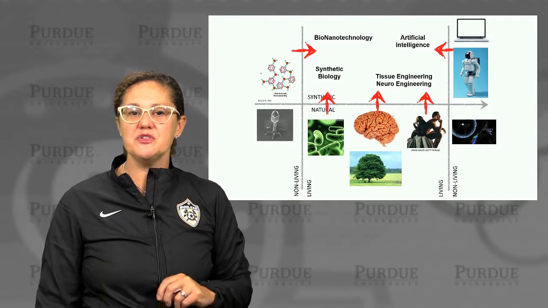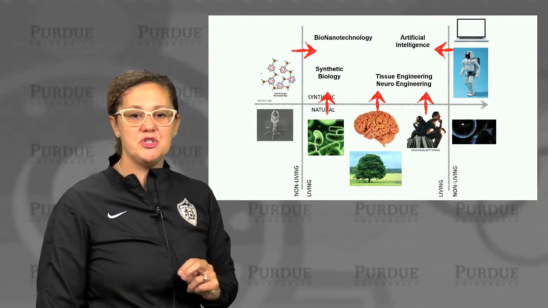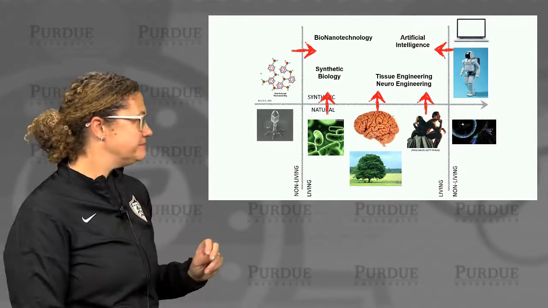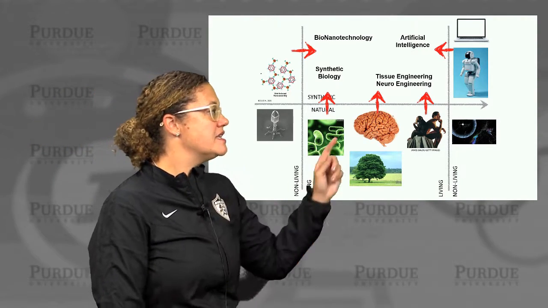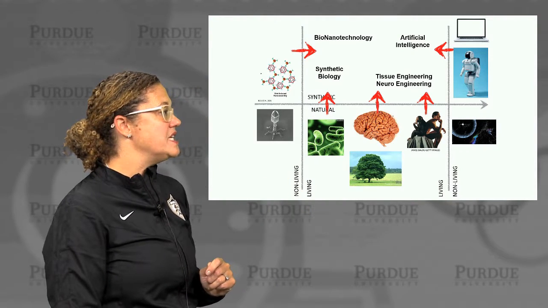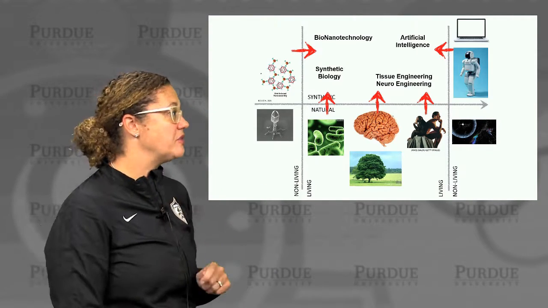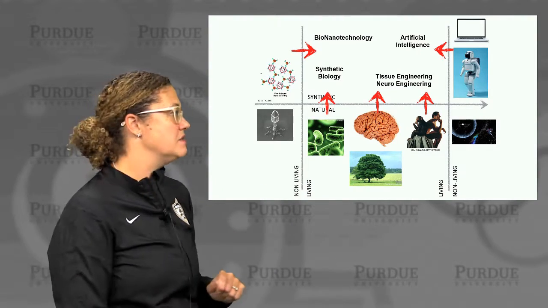So what are the fields that are really pushing this and are sort of set up to potentially cross these boundaries? And these fields include synthetic biology, right? Engineering cells at the level of DNA, and re-engineering and even creating cells from scratch by writing new DNA codes.